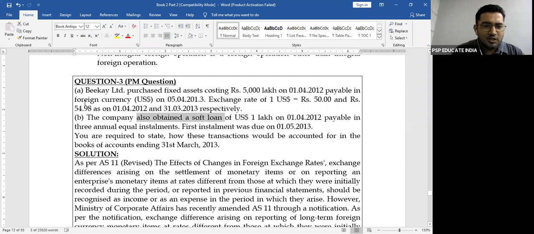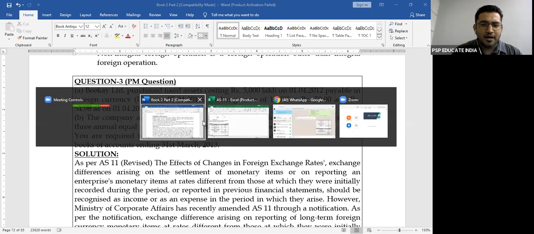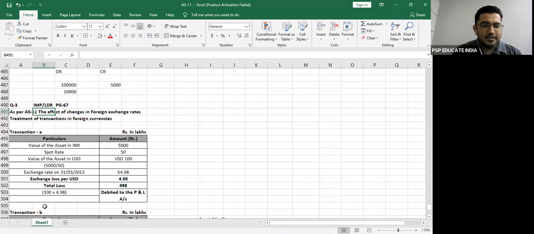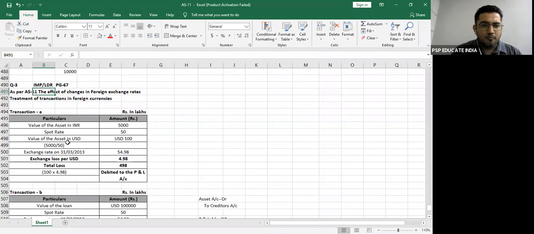Are you getting it? These are two different transactions, A and B. They are two different cases, so I have given the answer in two parts, A and B. Right? So I hope, Shrushti, that is now clear that these are two different cases and they need to be treated accordingly.